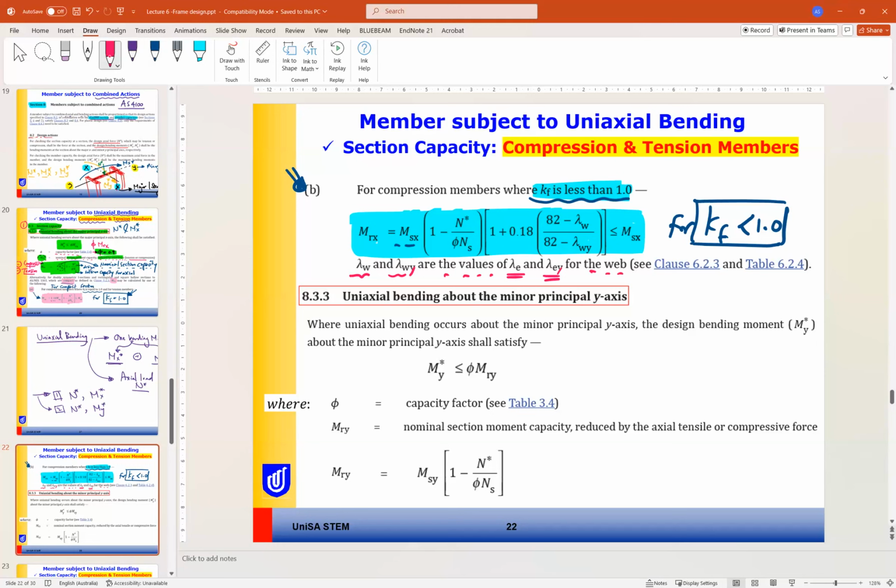So lambda was the slenderness limits for the web. Okay, so this is the first case for N and Mx.